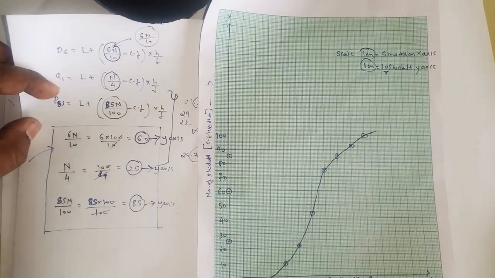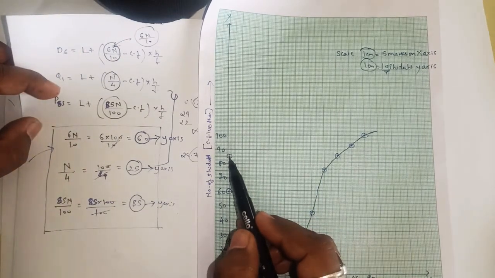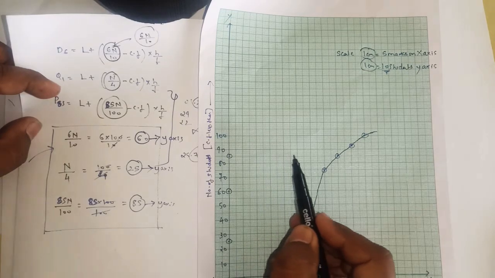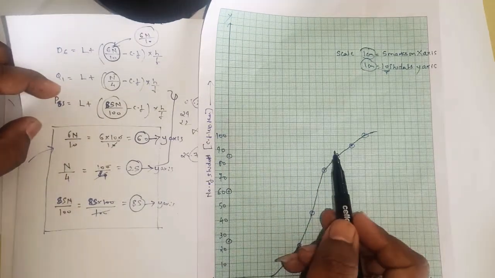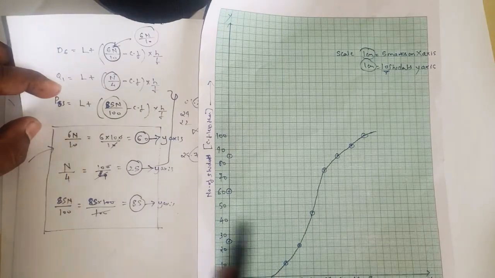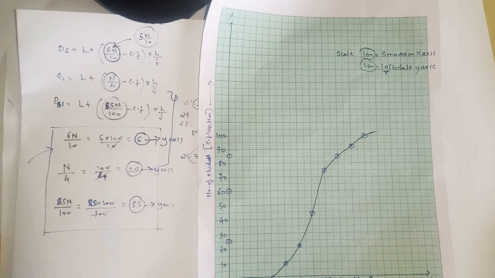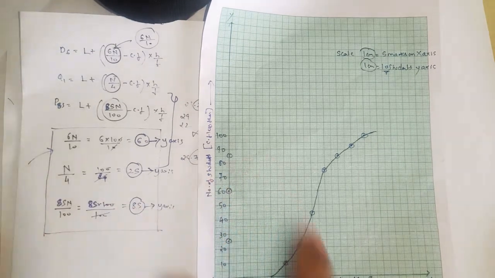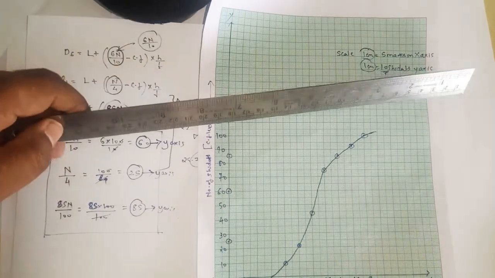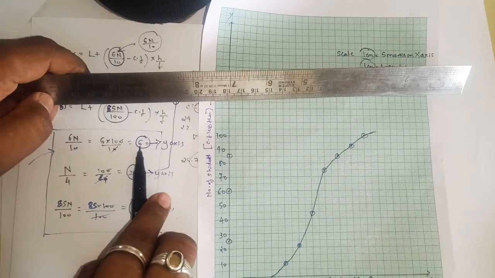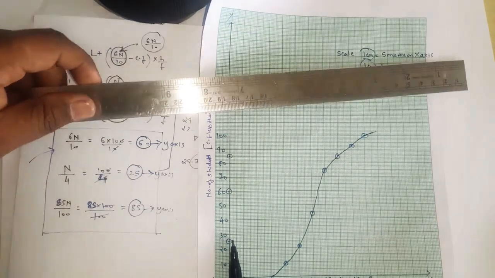Then you have to draw a line from here, and whenever you draw this line, it should be parallel to the x-axis. It should be parallel to the x-axis. So this is the method in which you can find your answer directly. Simply see this value and plot.